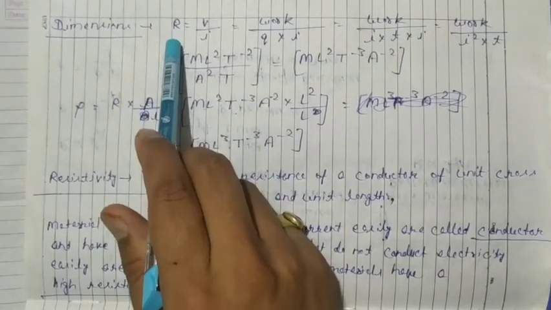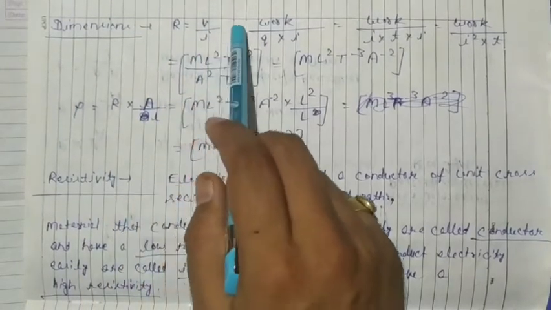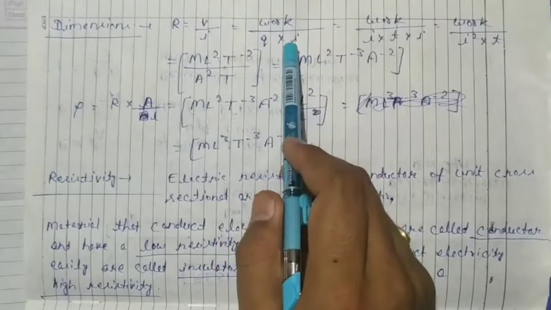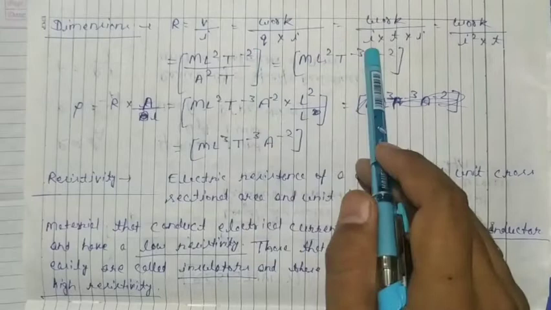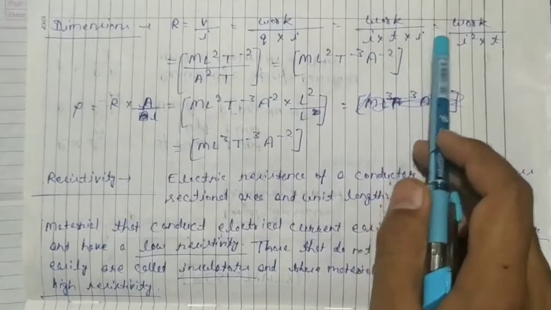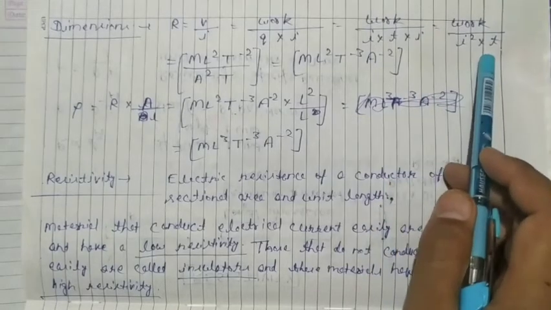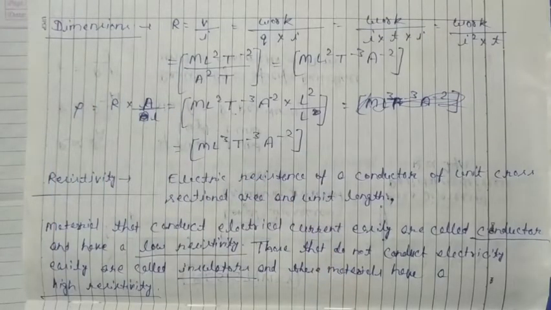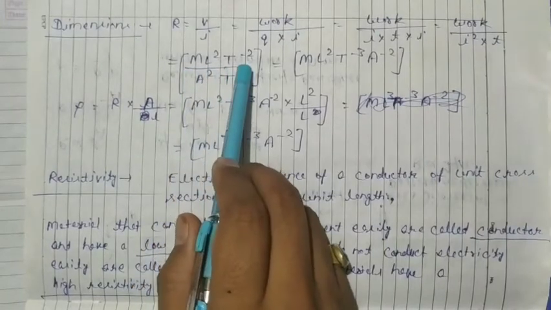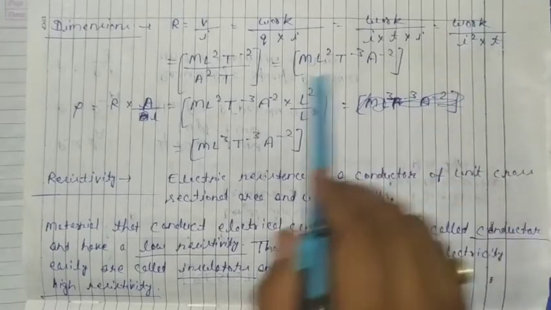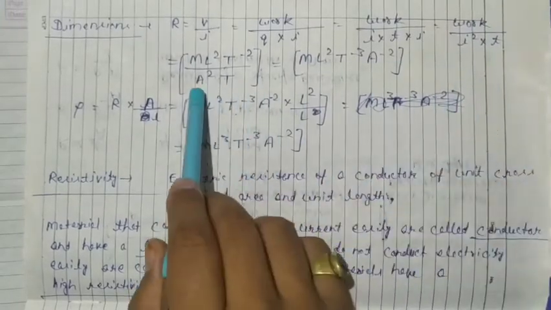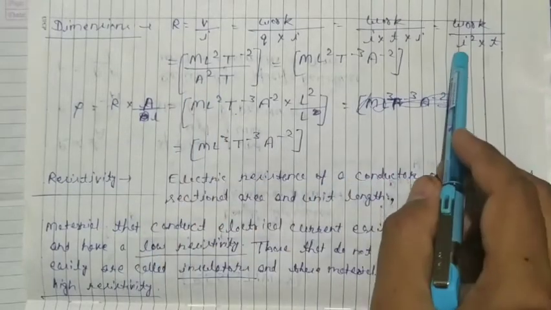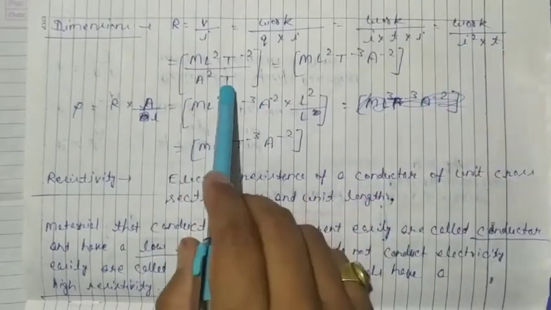We know R, resistance, is equal to V upon I. V is equal to work upon Q, charge, multiplied by I. Q equals I into T, so R equals work upon I square multiplied by T. Now bring it in fundamental dimensions: work is M L2 T minus 2, upon I, current, dimension ampere square, A, here A is not area, it is the dimension of current I, ampere, and T time.